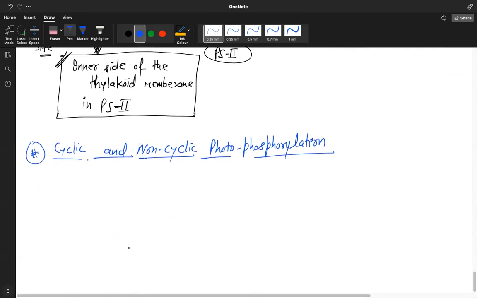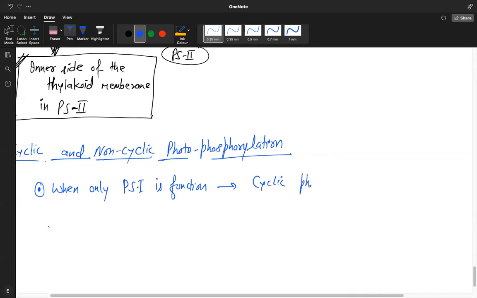Now in a cyclic, what happens is, it happens under a condition when only PS1, photosystem 1, is functional or is present. Then it's called cyclic photophosphorylation, because in this case you will not make NADPH. Correct? Do you understand? People, how will we not make NADPH?